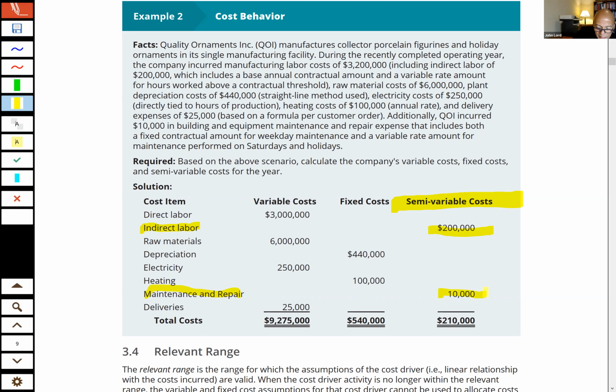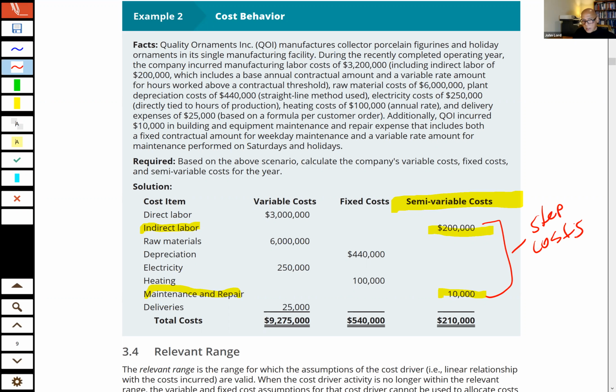Now the problem that I have is I think they're being a little bit inaccurate in describing these as semi-variable. I would more likely put these in the category of a step cost as opposed to a true semi-variable.